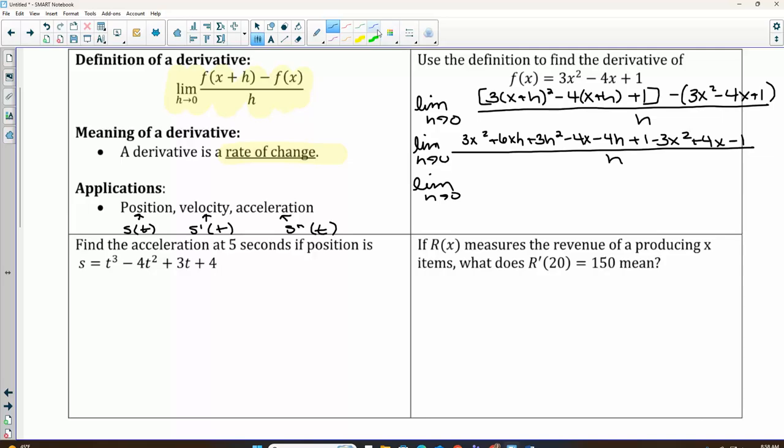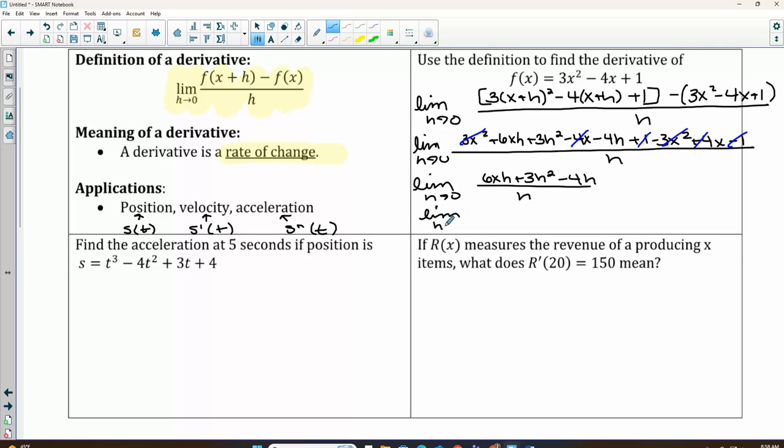So if we simplify, 3x squared and negative 3x squared cancel. Negative 4x and positive 4x cancel. 1 and negative 1 cancel. So we get 6xh plus 3h squared minus 4h, all divided by h.